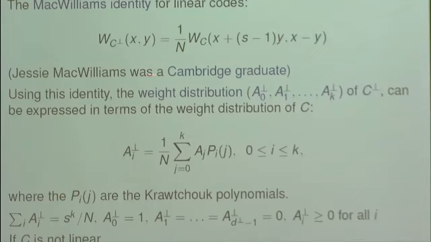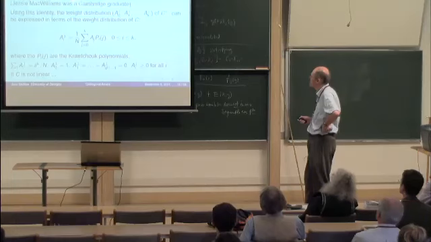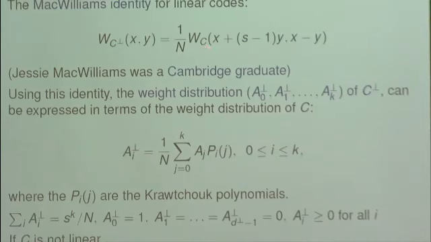It comes from Jessie MacWilliams, who was also a Cambridge graduate, and I think she may actually have met Cantor here because they had some overlap, but I'm not sure whether they knew each other or not here in Cambridge. But what it does is it tells you the weight enumerator for the dual code in terms of the weight enumerator for the original code.